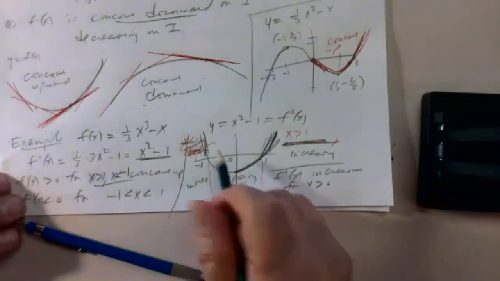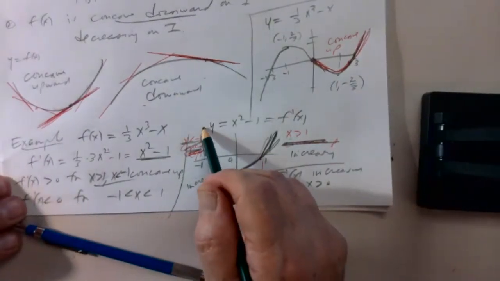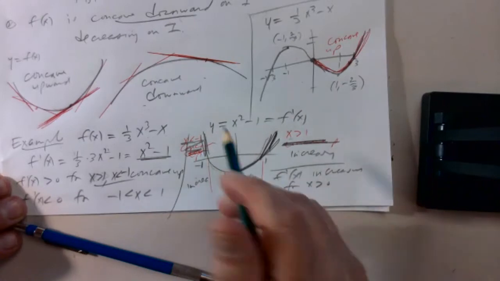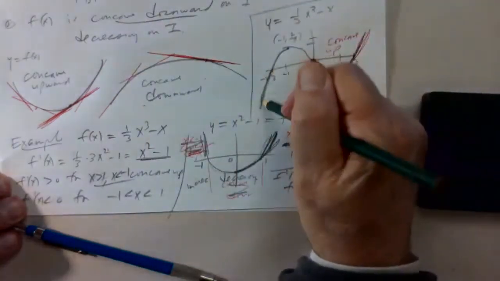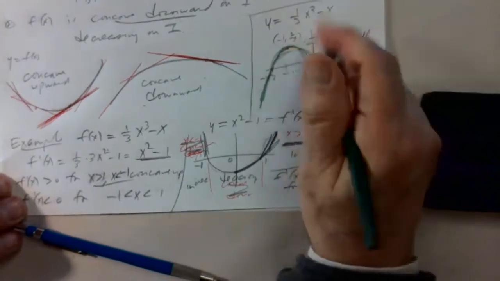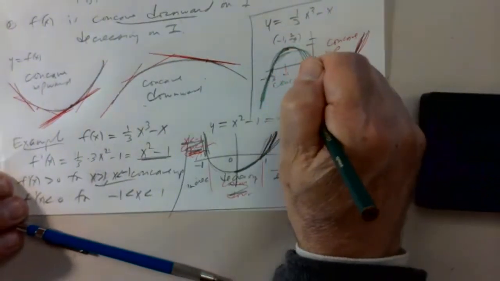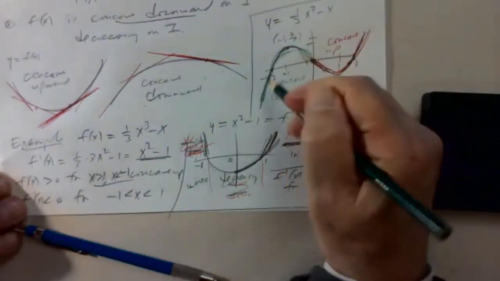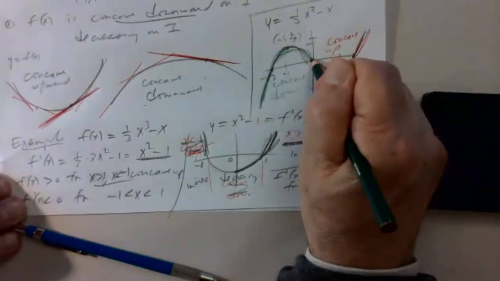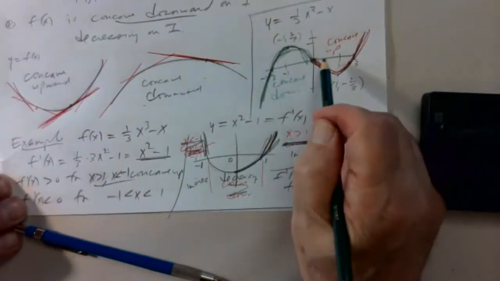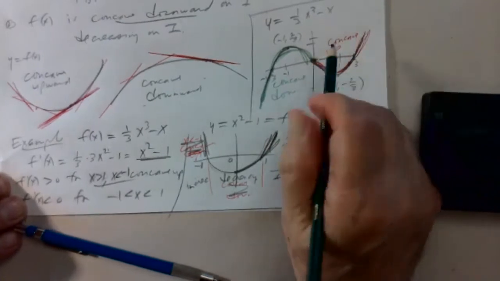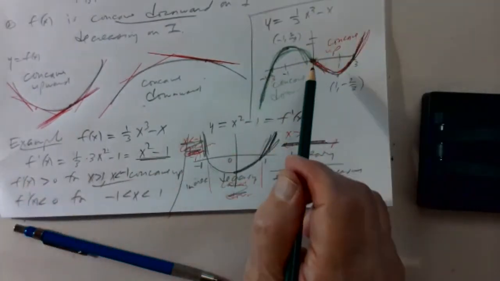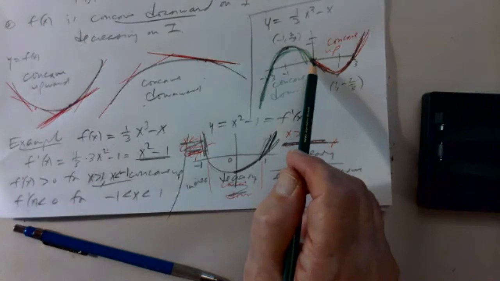When x is less than 0, the first derivative is decreasing. So the curve is concave down. It gets to 0, it changes to concave up. So the concavity changes at x equals 0.